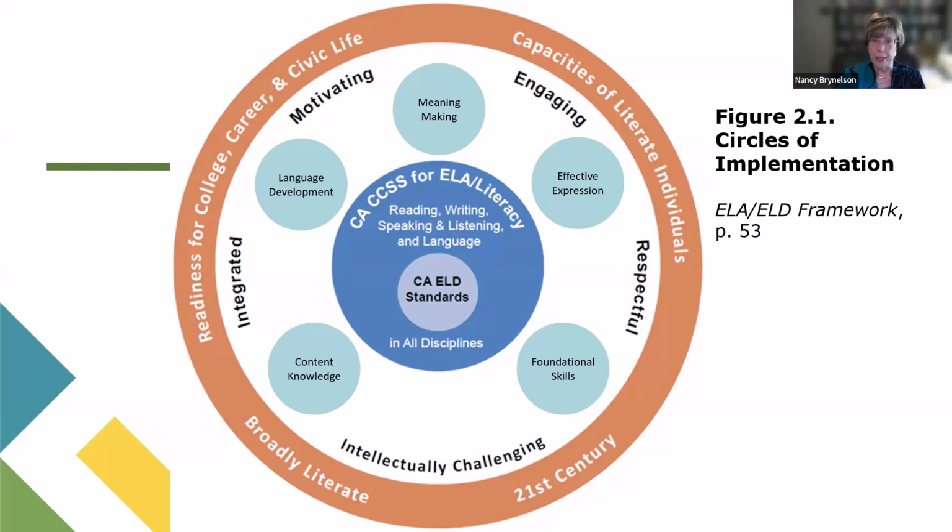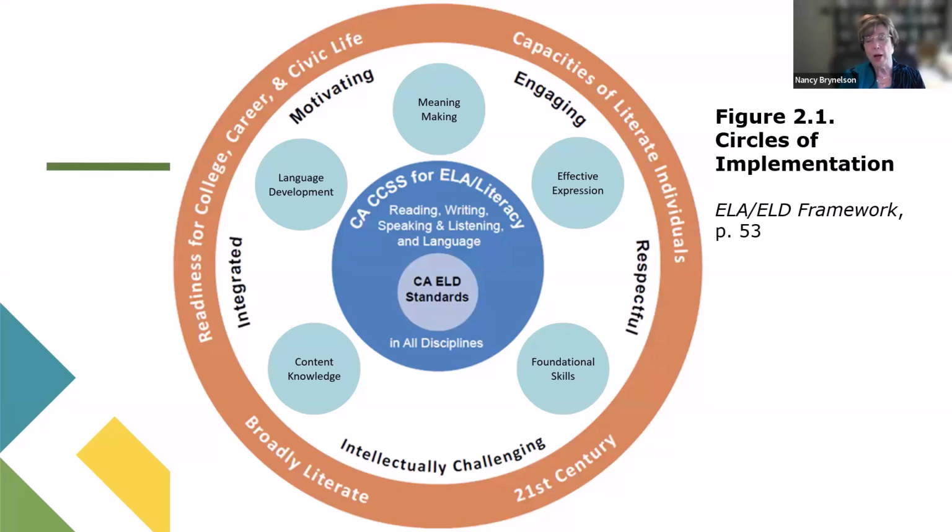So what are these things called themes? Because those figure prominently in Literacy Standard 7 and the TPEs. We needed a way, and I was privileged to be part of the writing team for the framework, to bring together both sets of standards in an understandable way.